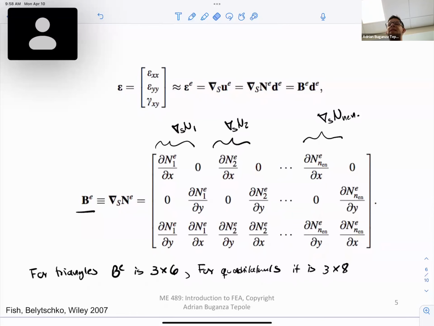By the way, the individual entries we already know how to calculate, because we were calculating them for the heat transfer problem. As long as you can take derivatives of the shape functions with respect to x and y, which we were doing in the lab on Friday, then you can fill out the B matrix.